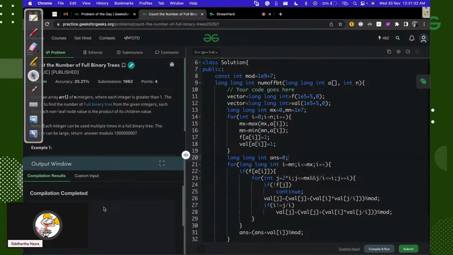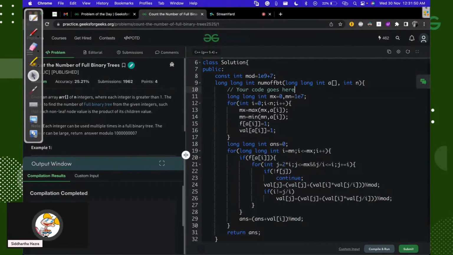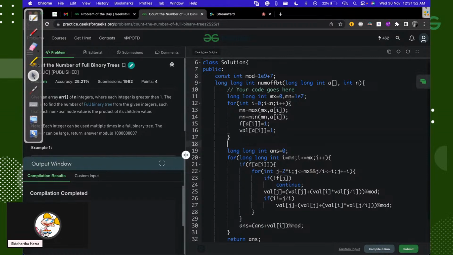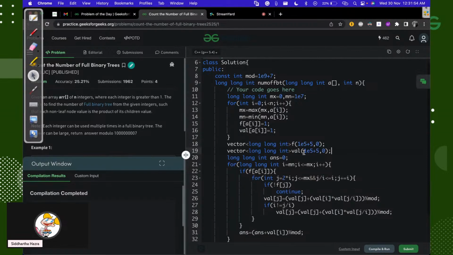We have a runtime error at this point. I think if we do this, many a times this happens with GeeksforGeeks, I don't know this.